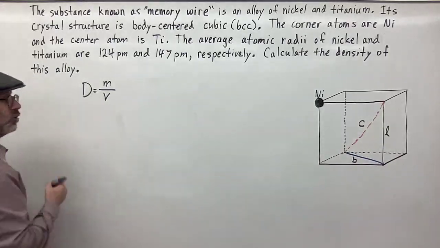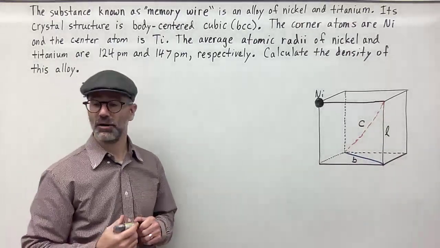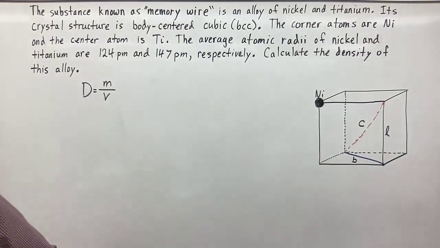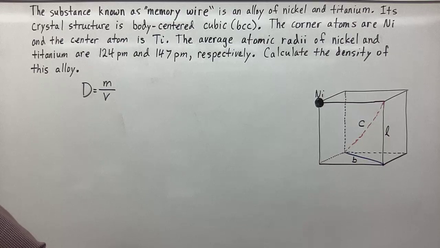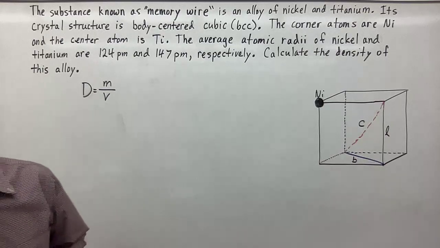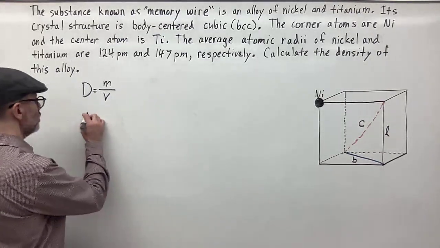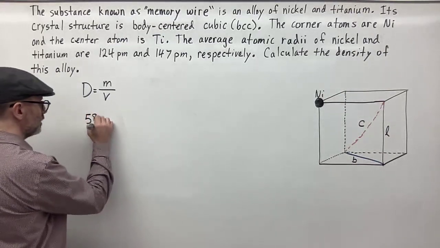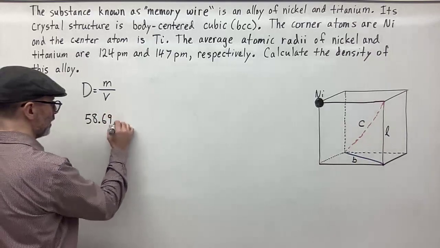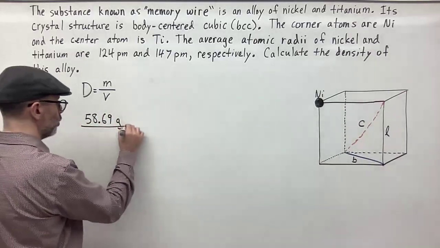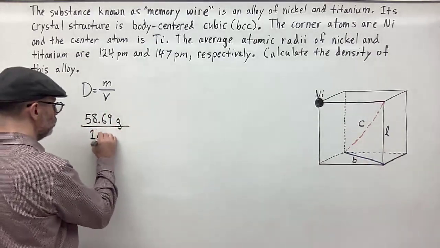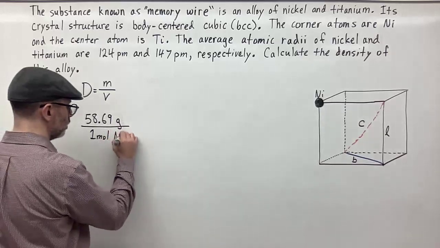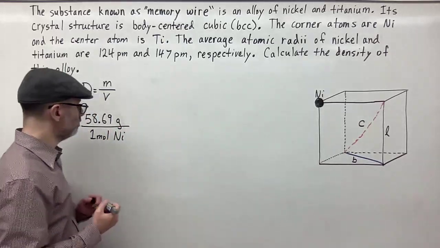We look up the molar mass of nickel, which is 58.69 grams per 1 mole of nickel.